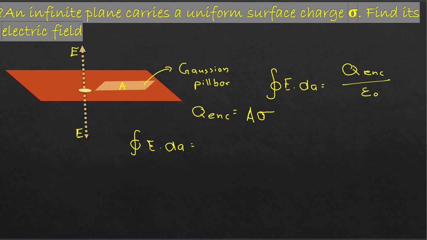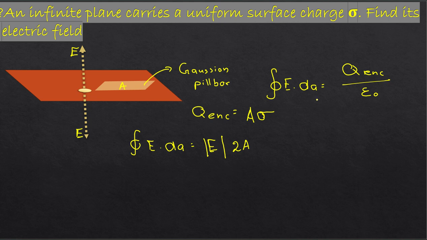So we can drop this dot sign and take E as a constant. On integrating dA, we have to consider the two surfaces, the top and the bottom area. So we will get E times 2A.